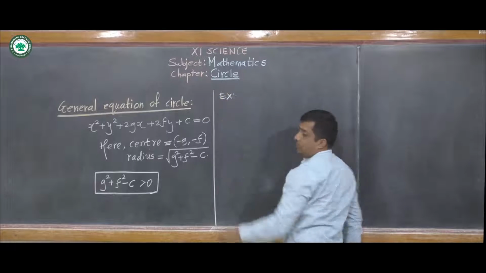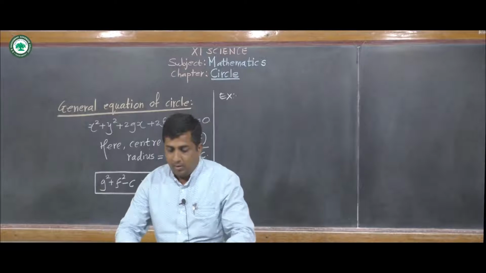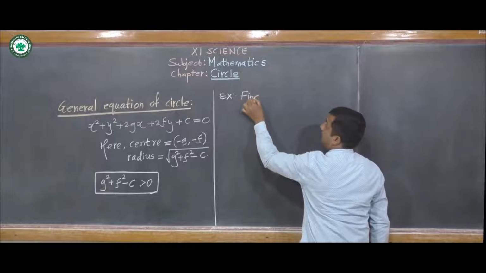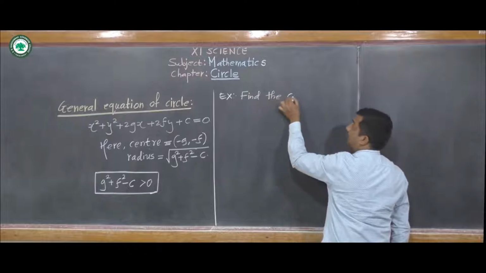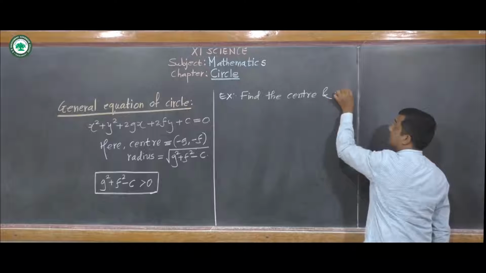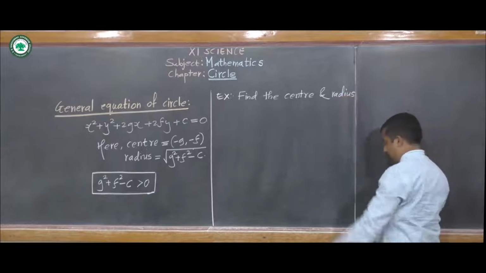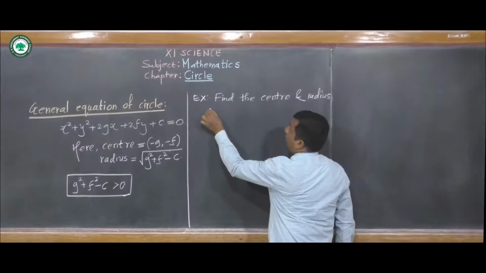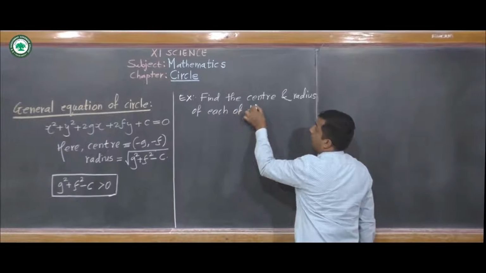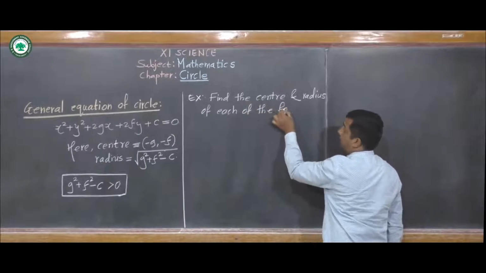In the first example, we consider: find the center and radius of each of the following.